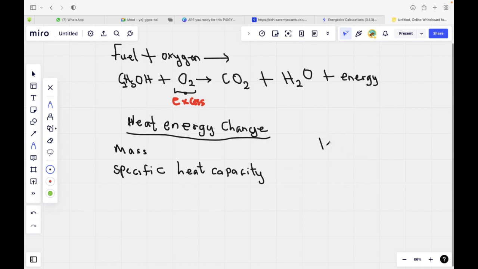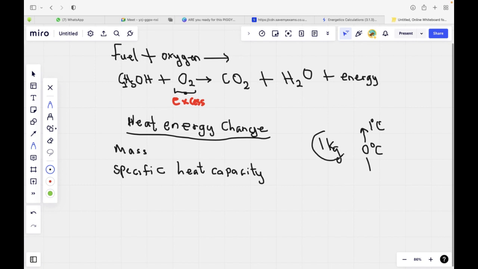So let's say I have 1 kilogram of ice, and the temperature of this 1 kg of ice was 0 degrees. The amount of heat energy I need to raise this temperature to 1 degree Celsius is called the specific heat capacity.